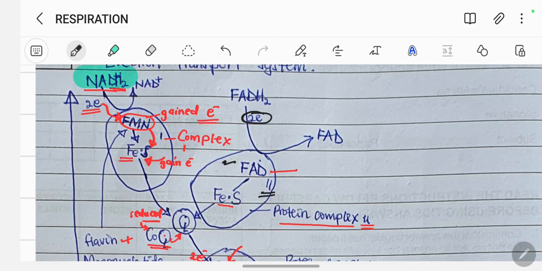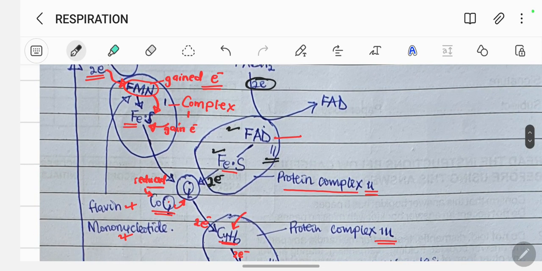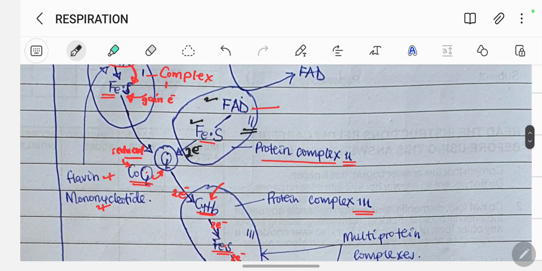As FAD submits the electrons to our iron sulfur protein, it's going to be oxidized, and the iron sulfur protein gets reduced. And the iron sulfur protein will finally submit these 2 electrons to coenzyme Q. Coenzyme Q follows a similar path.